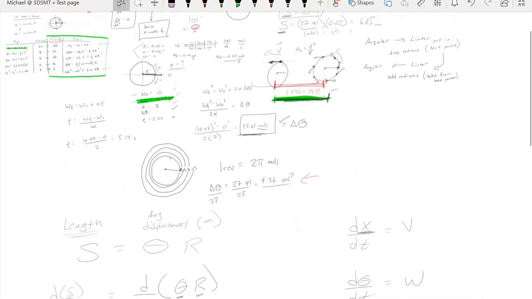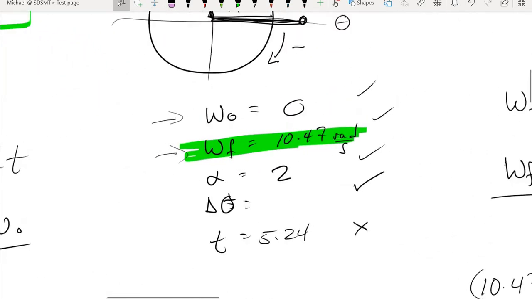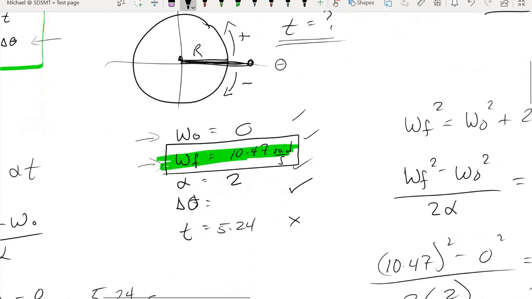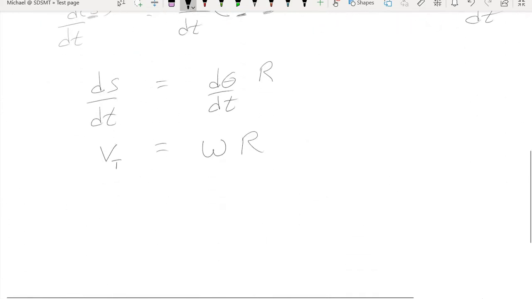We already know what the angular velocity of this wheel should be. Eventually, it's going to reach an angular velocity of 10.47 radians per second. So how fast will the wheel physically be traveling down the road?